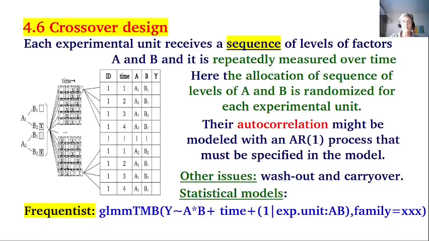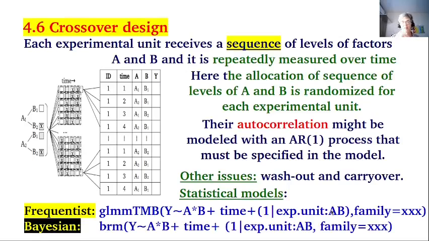So the statistical models are very similar to the ones used in the repeated measure designs. Here are the fixed effects of factors A and B plus the effects of time, which could be entered as either a numerical or categorical explanatory variable. Here we are simply indicating random slopes for the combinations of factors A and B to each of the experimental units.